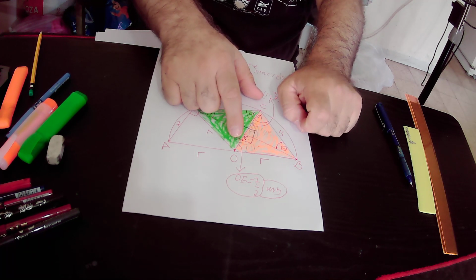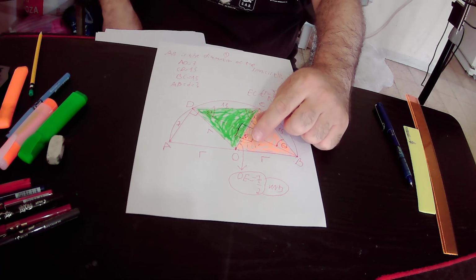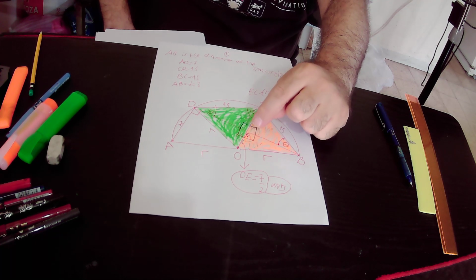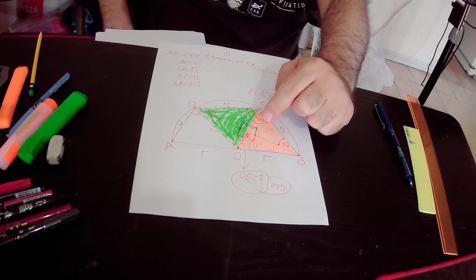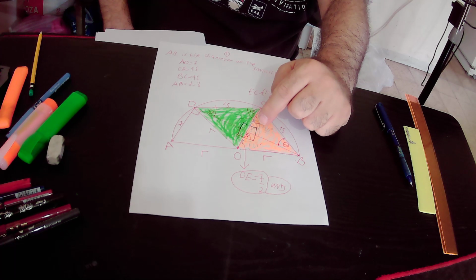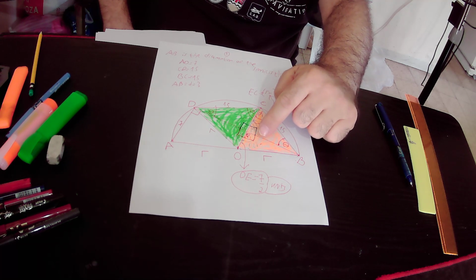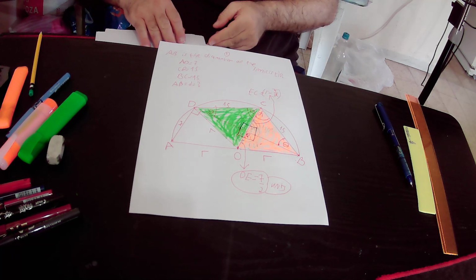Again, we focus only on the right side of the straight line OC, and at point E the sum of the angles here is 180 degrees. So this angle, that is 90 degrees, plus angle OEB must be equal to 180 degrees.